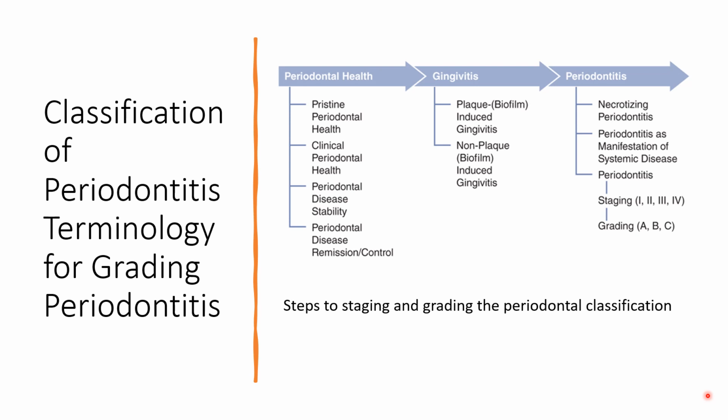So if Tom had 50% bone loss and he was 25, okay? So if you're dividing the bone loss percent, which would be 50, by his age, which let's say he's 25, that's 2, right?